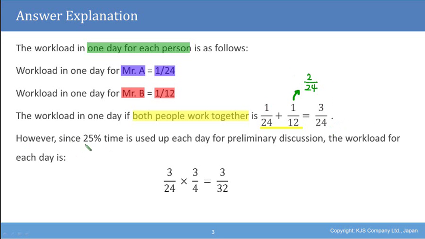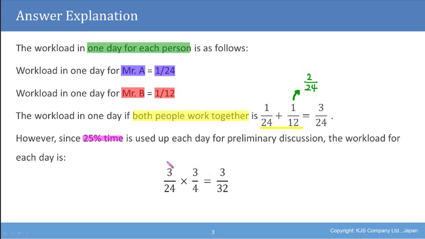However, since 25% of the time is used up each day for preliminary discussion, the workload for each day is actually 3/24 times 100% minus 25%, so 3/4.